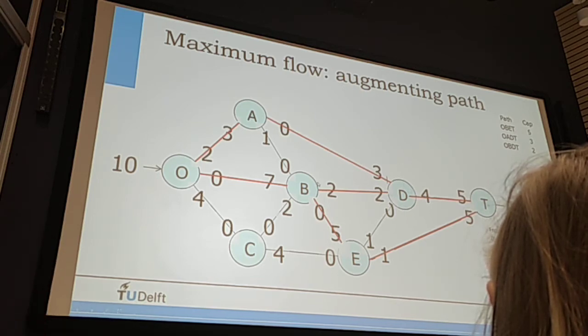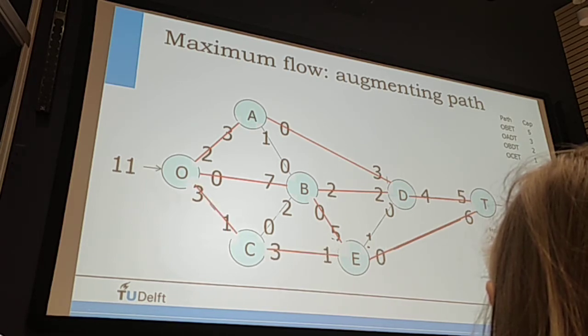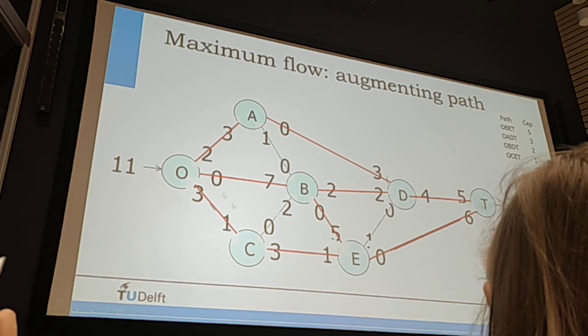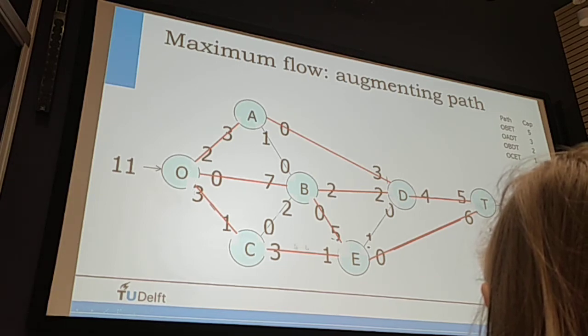The next one is OCET, which has a maximum capacity of 1, so that's the 1 I took. Again, added 1 to this side, removed 1 from this side, and now this link is fully utilized, this link is full, we can't add extra capacity there.